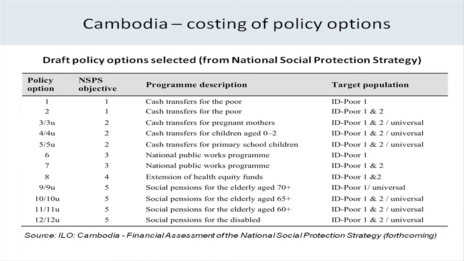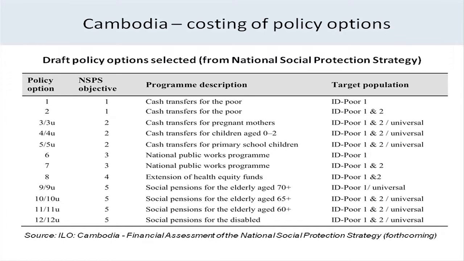Then number 8 is the extension of equity funds for healthcare for the poor. And then we have the social pensions, 9 to 11. And the last one is social pensions for the disabled.